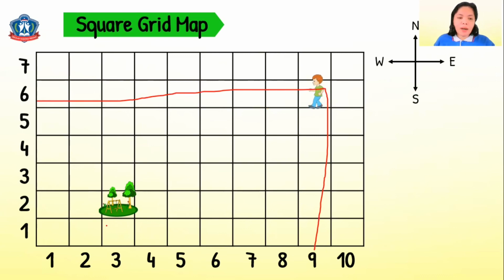And how about the park or the playground? Yes, 3-2. Now, during our Zoom meeting, let's find the route of Justin as he walks going to the park. We will discuss this during our Zoom meeting.